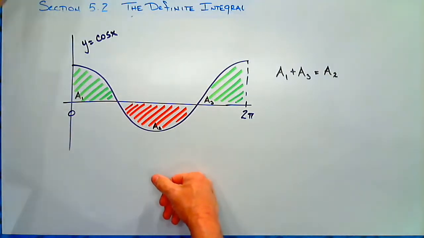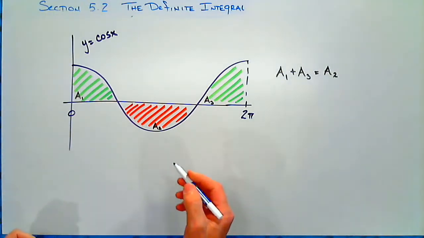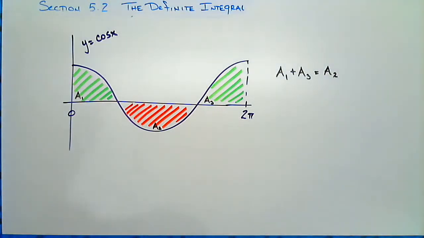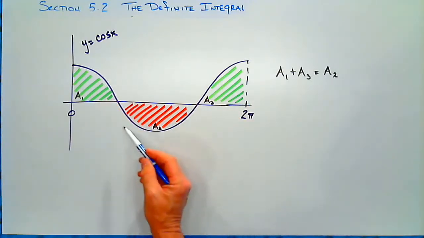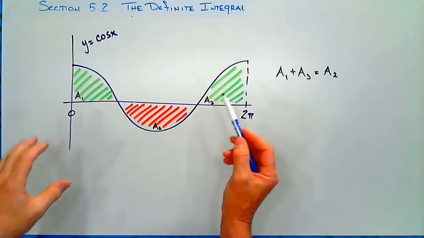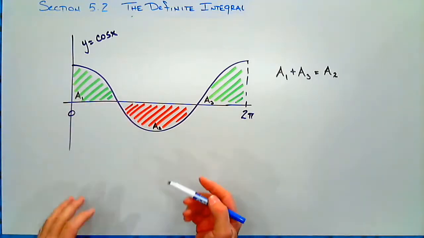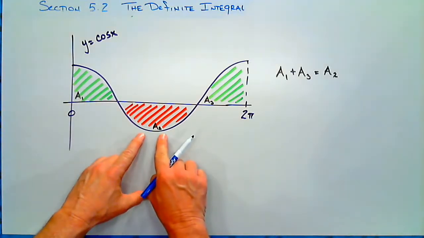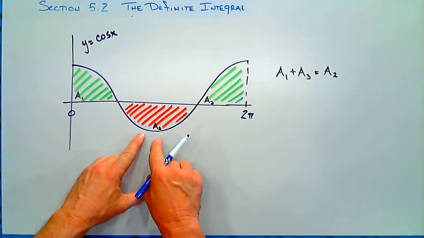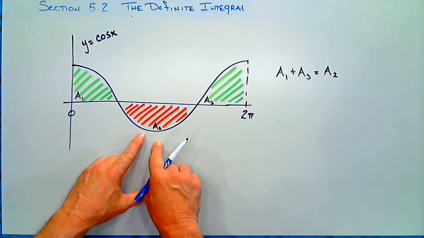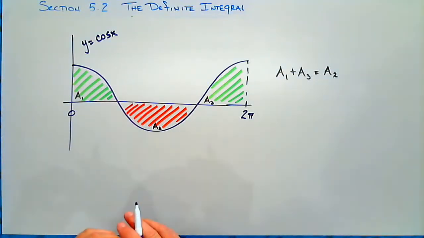Well, it's pretty simple. We're going to acknowledge the fact that my function takes on positive values and negative values in the context of area by putting a minus sign in front of the area that occurs below the x-axis. Okay? That's what we're going to do.